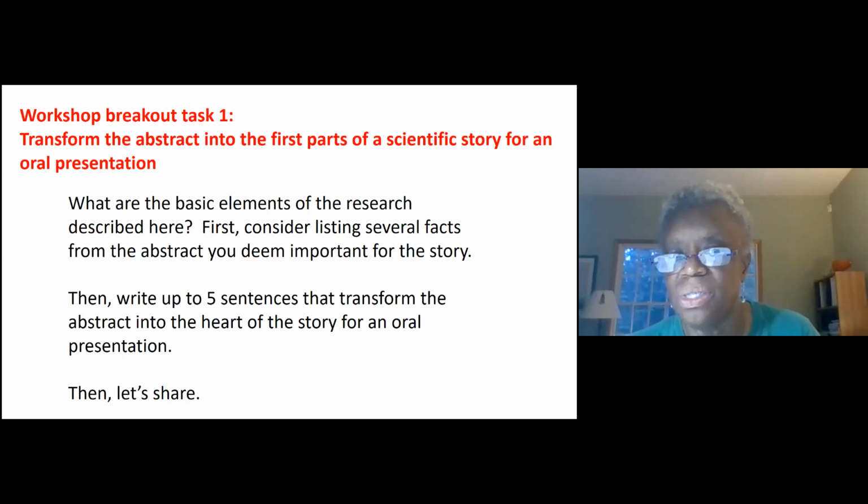All right, so first of all, what are the basic elements of the research that's described in this abstract that you will read? I want you to consider listing several facts from the abstract that you deem important. There's a lot of detail, but read it and figure out what parts of this abstract you think are important for a story that you want to tell.